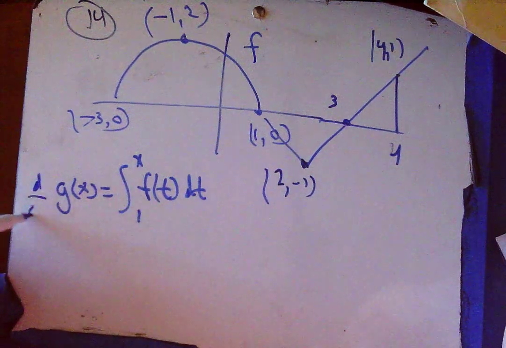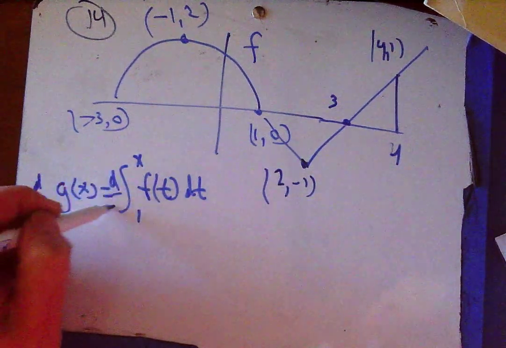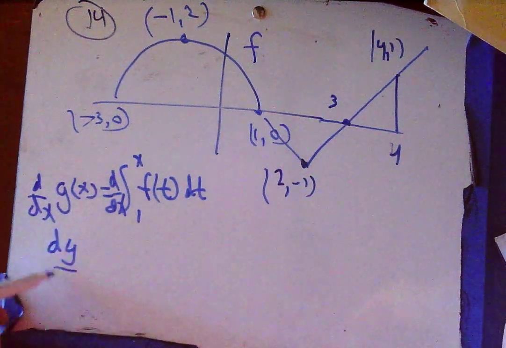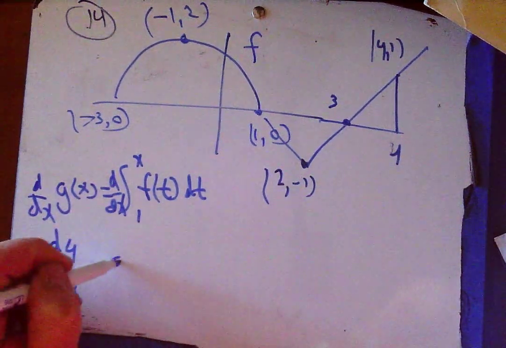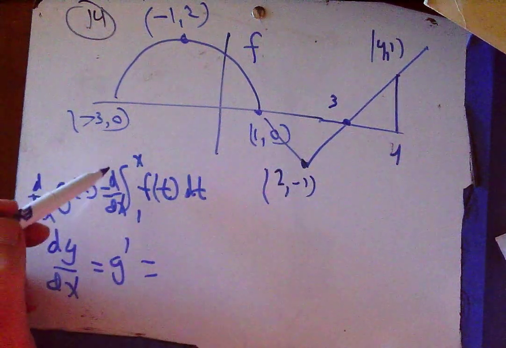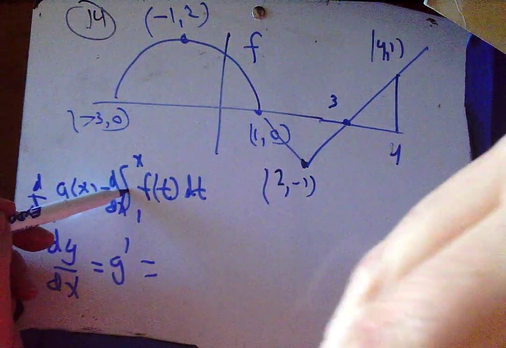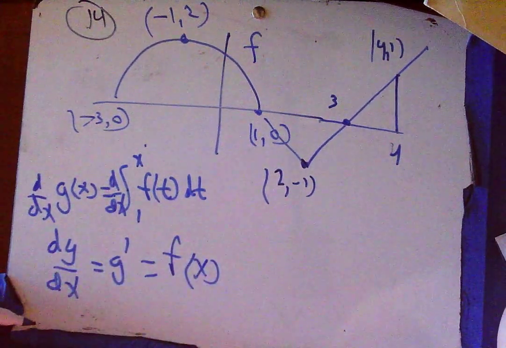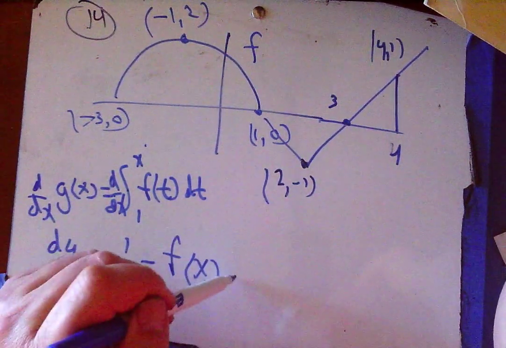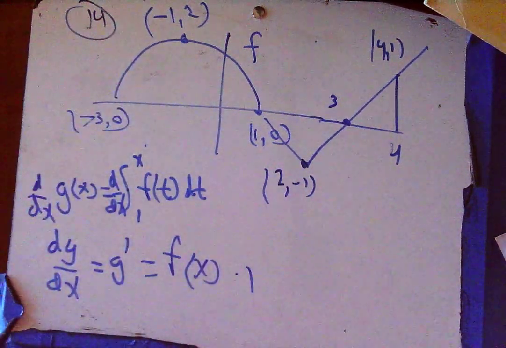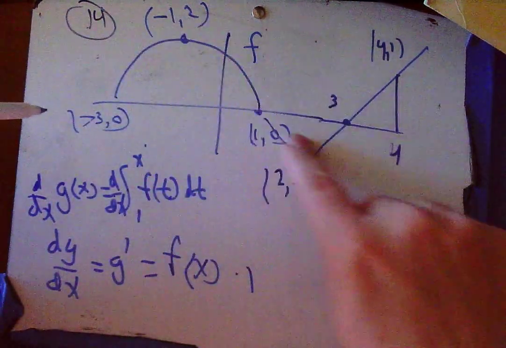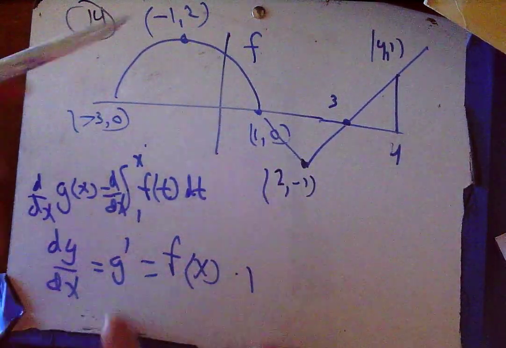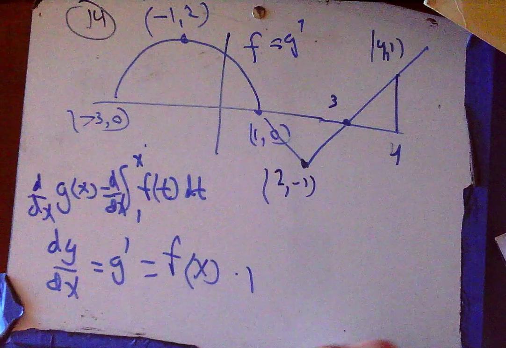Well, if I take the derivative of both sides, I'm going to have dg/dx, or g prime, equals f of x, since the derivative undoes the integral. So I understand then that this graph of f is really g prime. So this is g prime that I'm looking at.